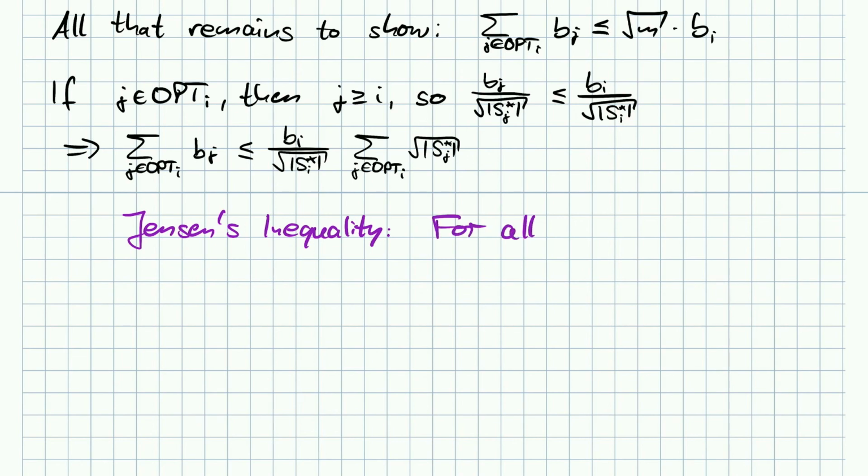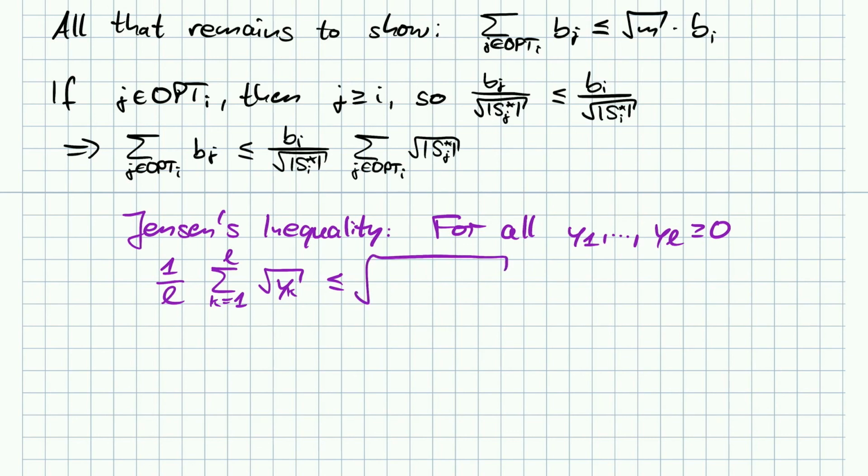It says that for any y1 through yl, which are non-negative, the average of the square roots of the y's is at most the square root of the average of the y's, because the square root is a concave function.